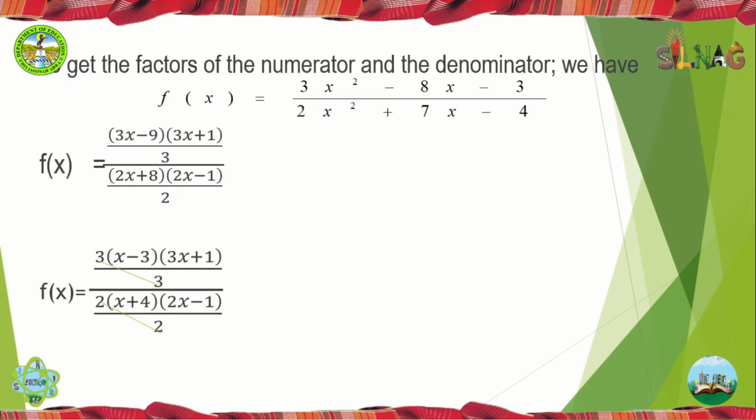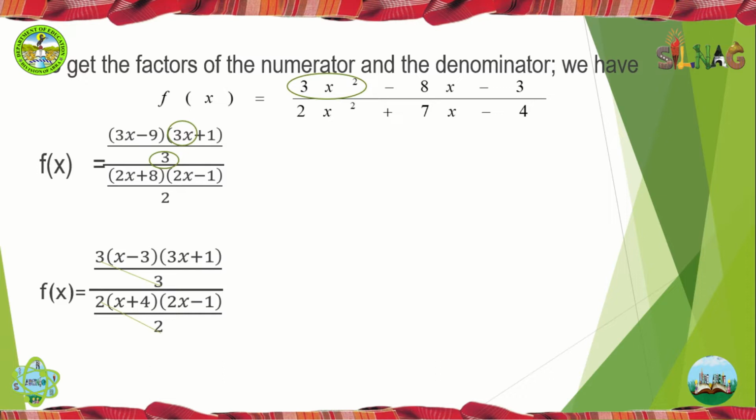To get the factors of the numerator and the denominator, we have the first terms of the binomial factors of the numerator will be 3x, because the first term of the numerator is 3x squared, and then over 3, because the numerical coefficient of the first term is 3.